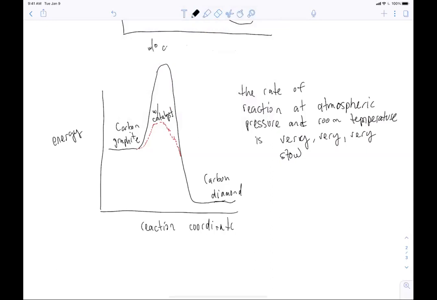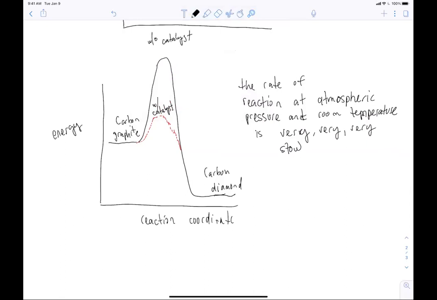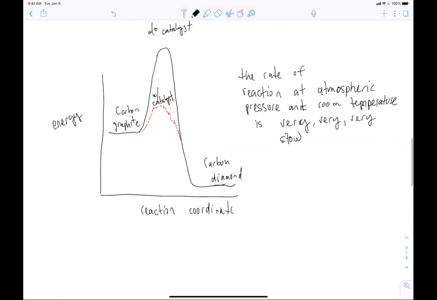So this is without the catalyst, and this is with a catalyst. So what is a catalyst? A catalyst is something that lowers the energy of the transition state, at least in this case.